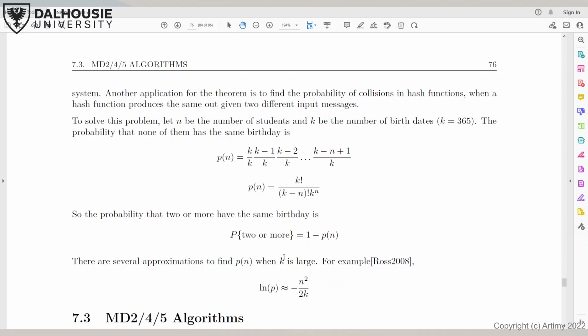We have 365 messages out there, right? And the n is the number of attempts to find two messages that share the same hash, or two hashes that came from the same message, right? So we can use the same problem to solve the collision.